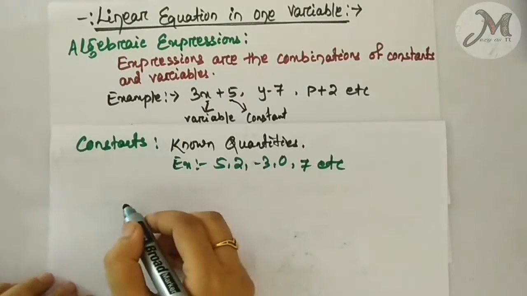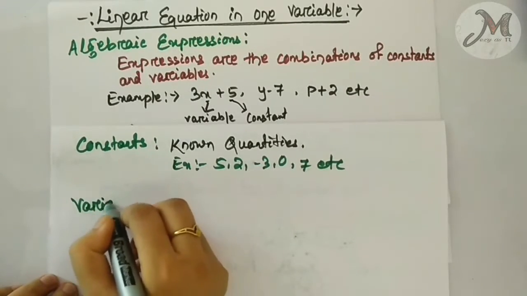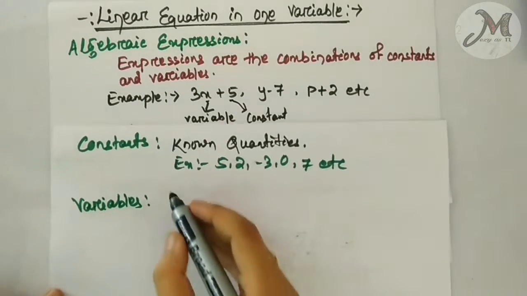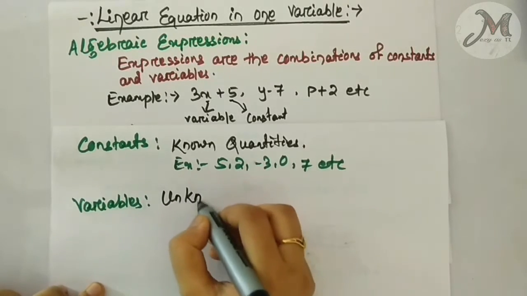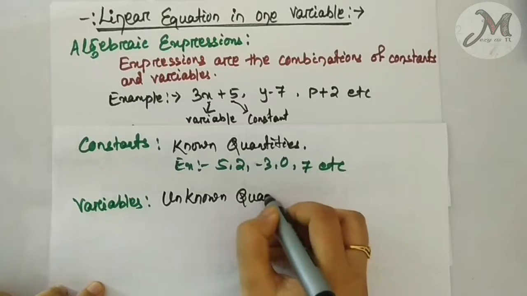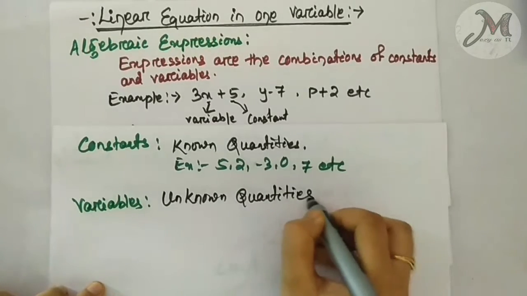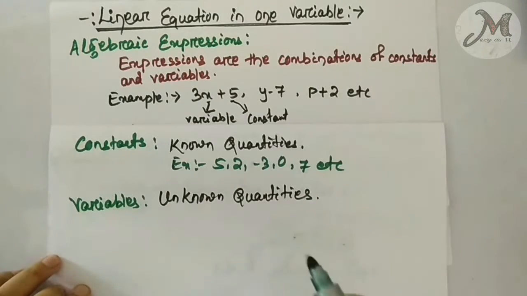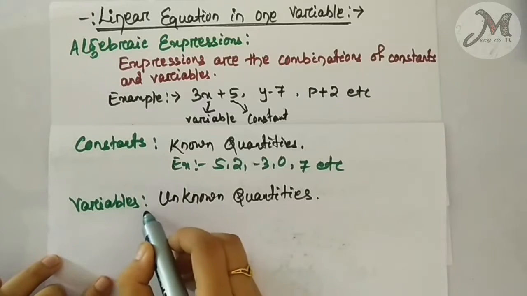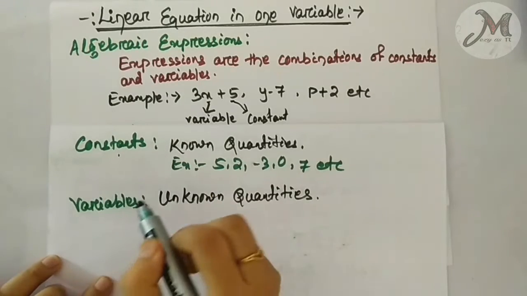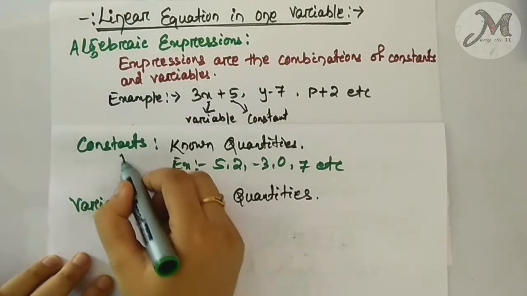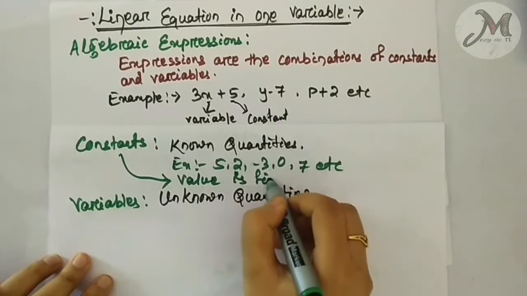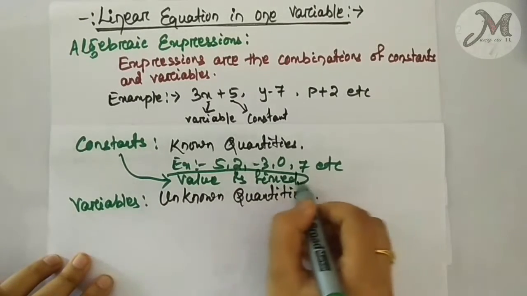Now, what are variables? Variables are the unknown quantities. In variables, the name itself shows it varies. That means the value is not fixed, and in the case of constants, the value is fixed.